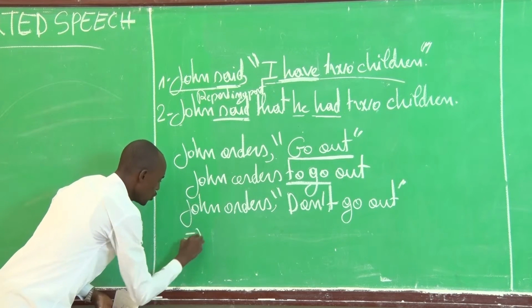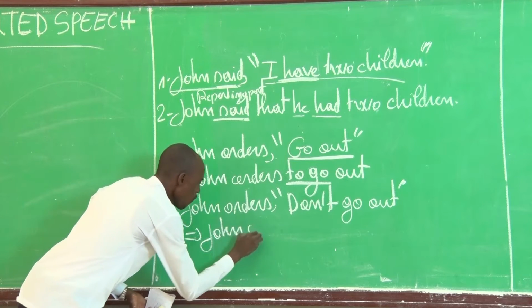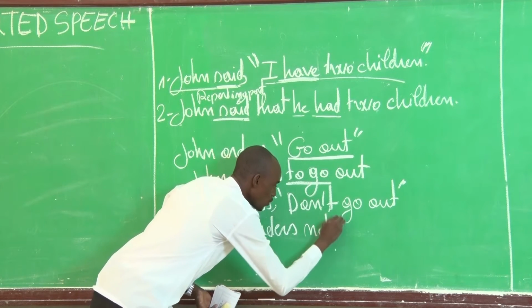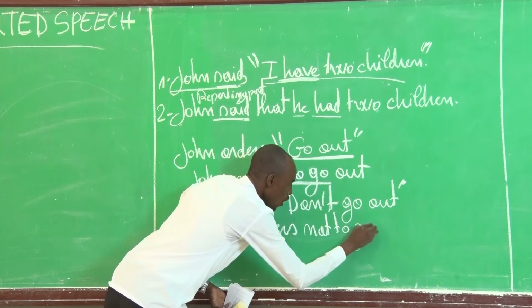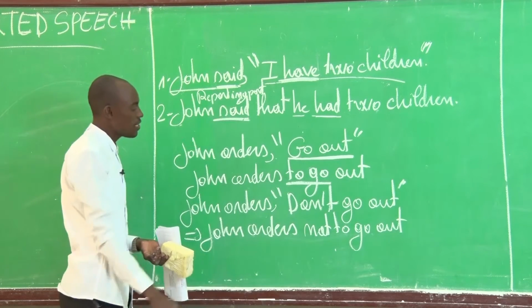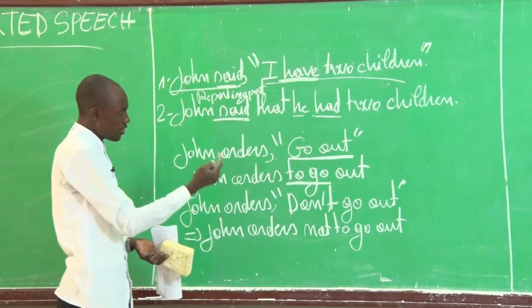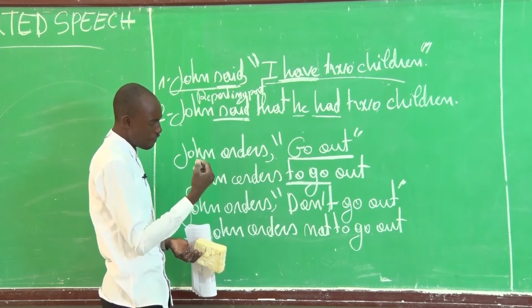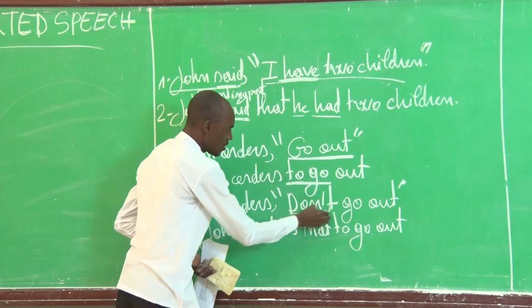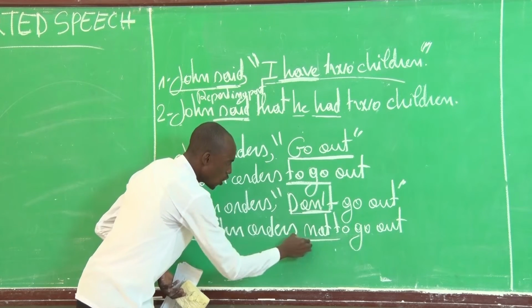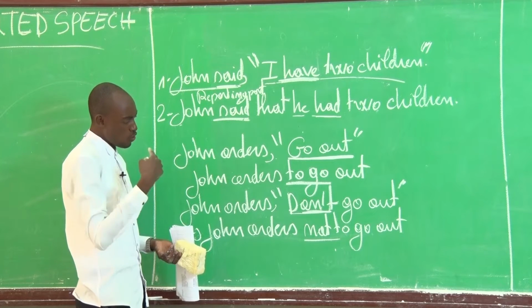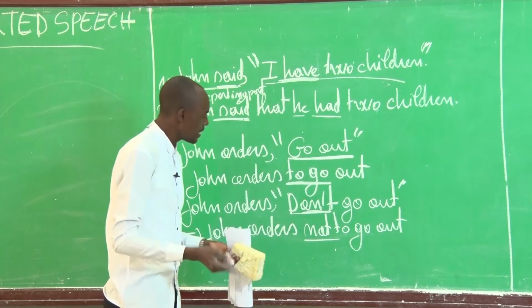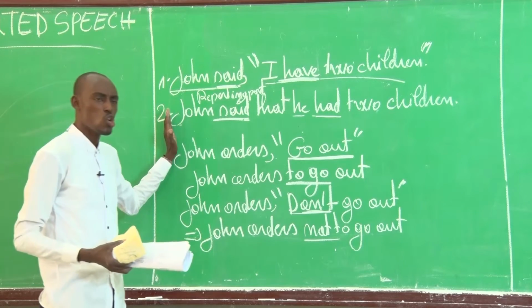Here we say, John orders not to go out. In the negative form, the imperative mood becomes an infinitive, and since this sentence is negative, we use "not to" to build the infinitive. This is what we saw last time.